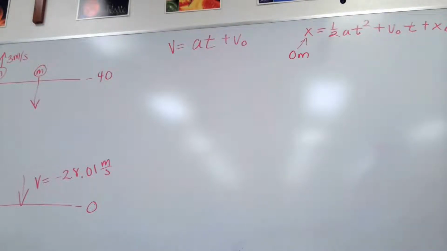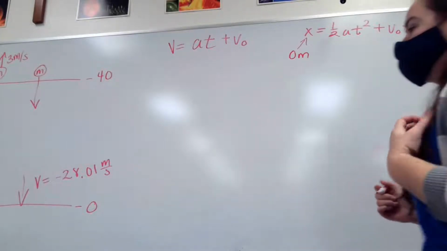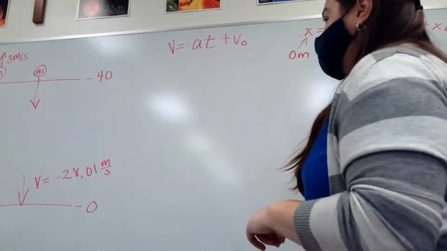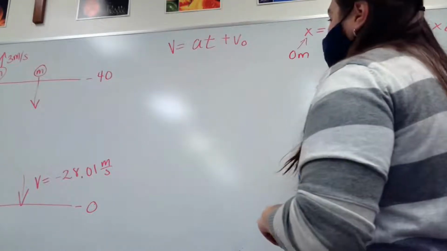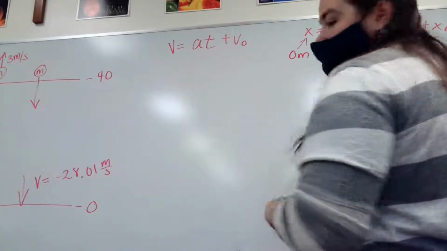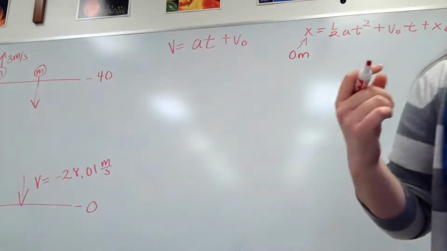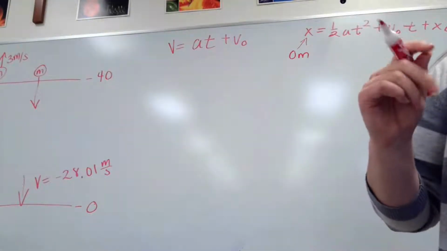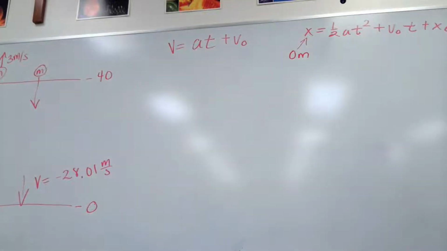So we are going to go down 40 meters, which actually, that's going to change my numbers. So we'll have to redo this anyways. So I guess it doesn't matter what numbers I use.